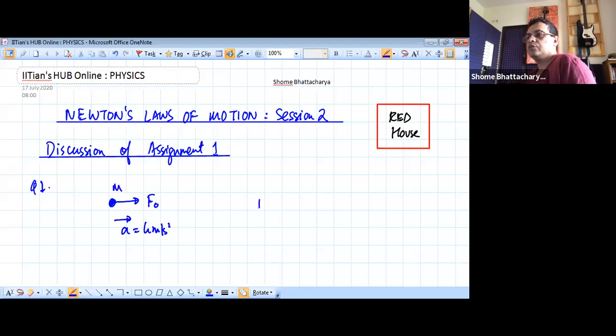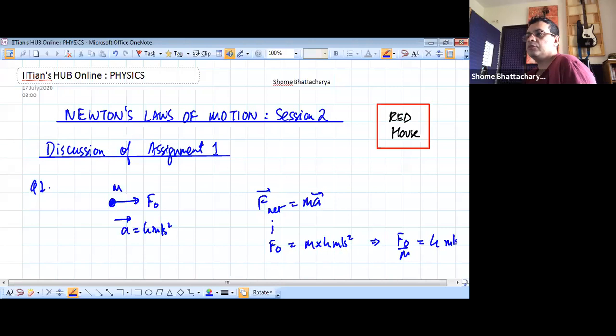So when the net force, this is Newton's second law of an object of fixed mass, as you know, has a magnitude of F0, then the acceleration has a magnitude of 4 meters per second square. Okay, so that means we can say that F0 by whatever mass the body has is 4 meters per second square. This is the first piece of information that we know.